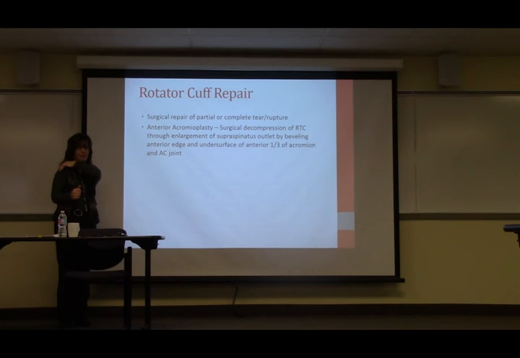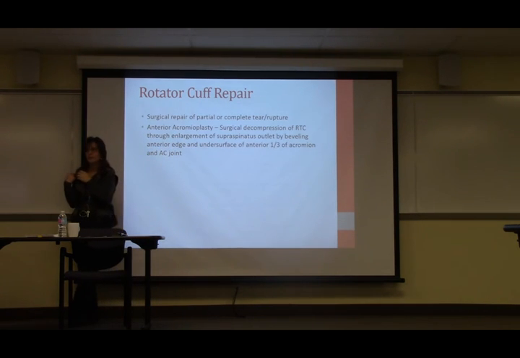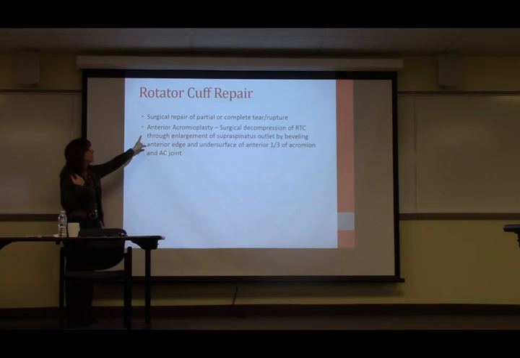It goes right across the superior portion of my shoulder. So they put that on there to take stress off the tendon repair, to put it on a slack to allow it to heal. Sometimes they'll have to surgically decompress and remove the acromion head to take pressure off, so that could be a surgery that occurs along with the rotator cuff repair.